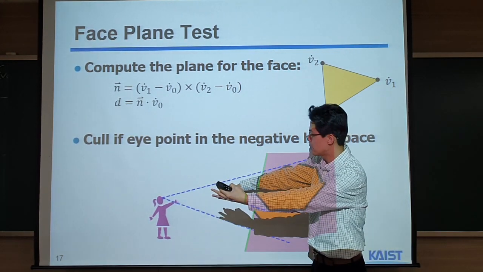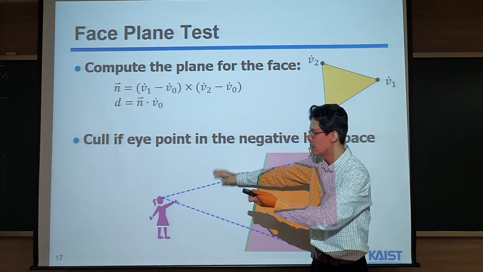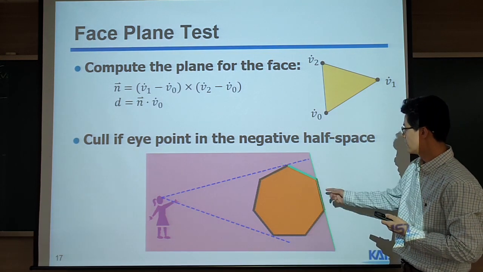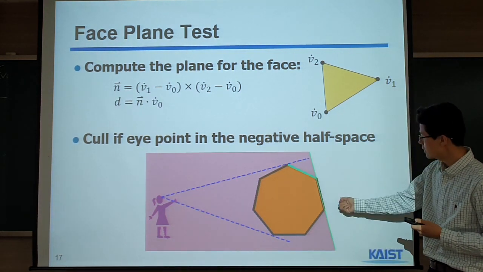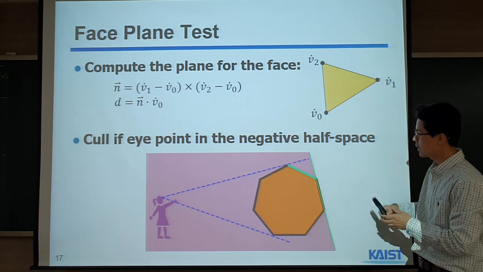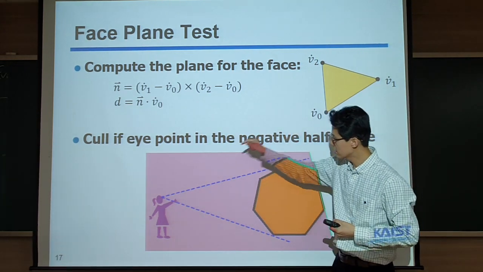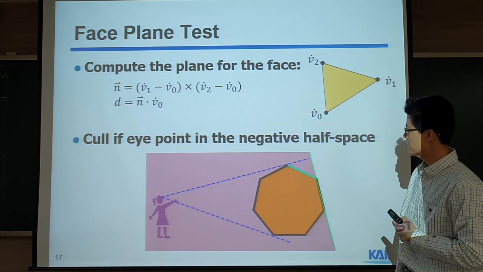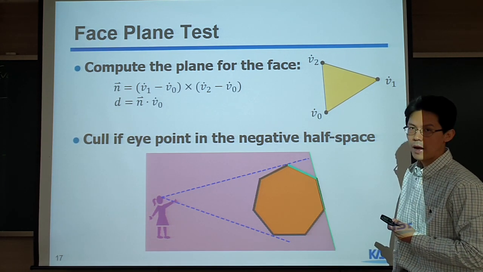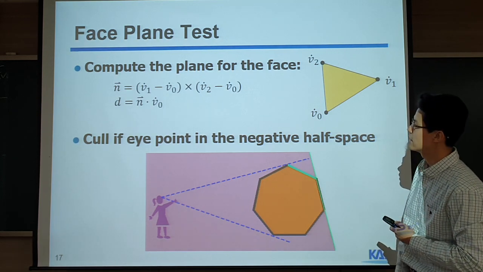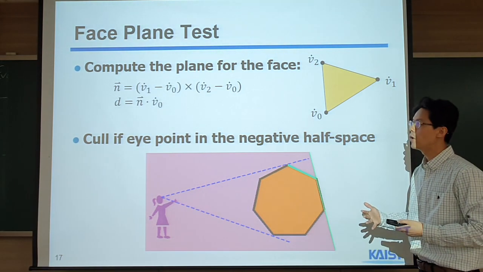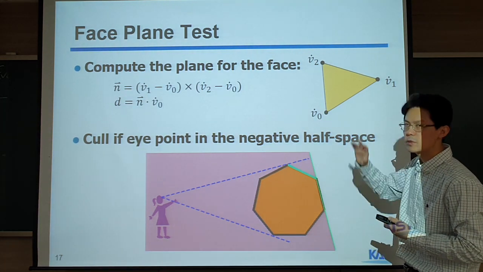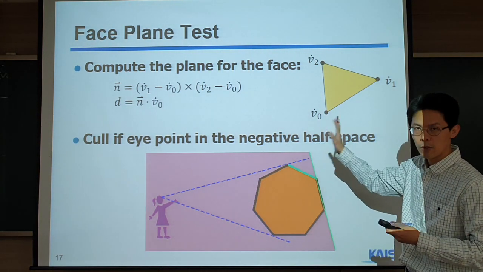That's the positive side, so you know it's front-facing and visible. In the other case, the normal is pointing there, and if you plug the viewpoint into the plane equation, it will give a negative value, so you know that's backface culling. This is one implementation of backface culling. There could be many other approaches, but I mainly talk about one option here.